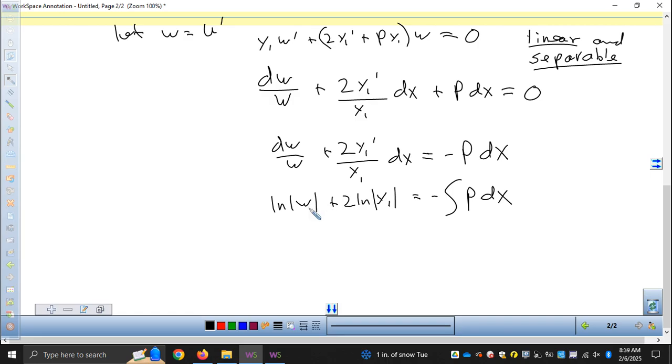Well, I'm going to combine these together and turn this 2 into an exponent. So I get the natural log of w y1 squared equals negative integral of p dx.